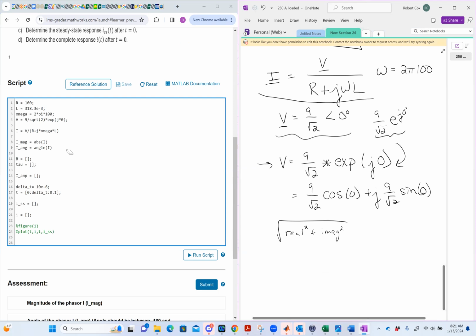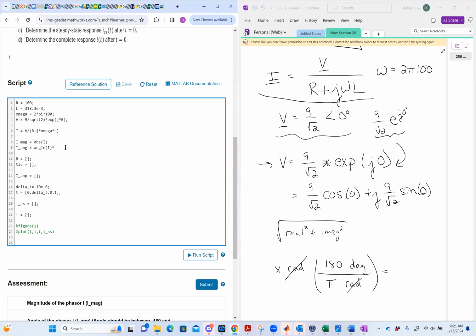If I have an angle in radians, x radians, if I multiply by 180 degrees over pi radians, right? That's a unit conversion that I do. Like that, radians cancel, and I'm left with something in degrees. Now, there are functions that will do the conversion for you, but I'm going to do it this way. So I multiply that angle by 180 over pi, and that converts the units from radians to degrees.